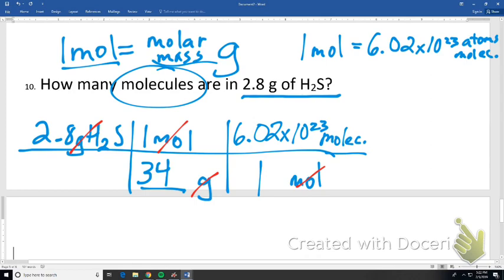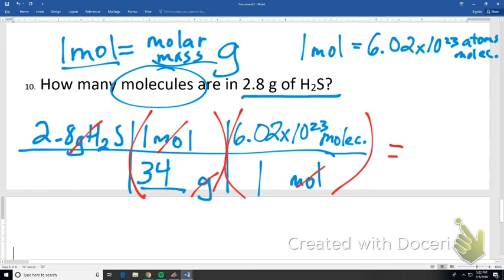Now to put it all in our calculator. Let's do it. I need 2.8, open parenthesis, 1 divided by 34. Do you hear my clicking? Click, click, click, click. Close, open, 6.02, E23 divided by 1. Close.